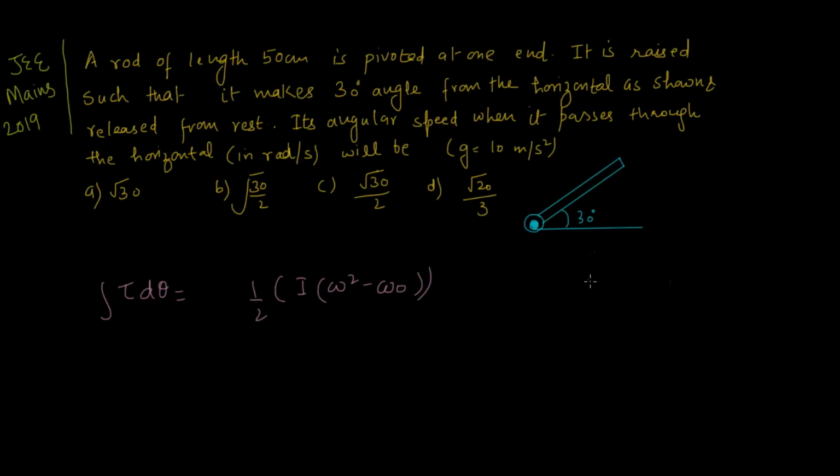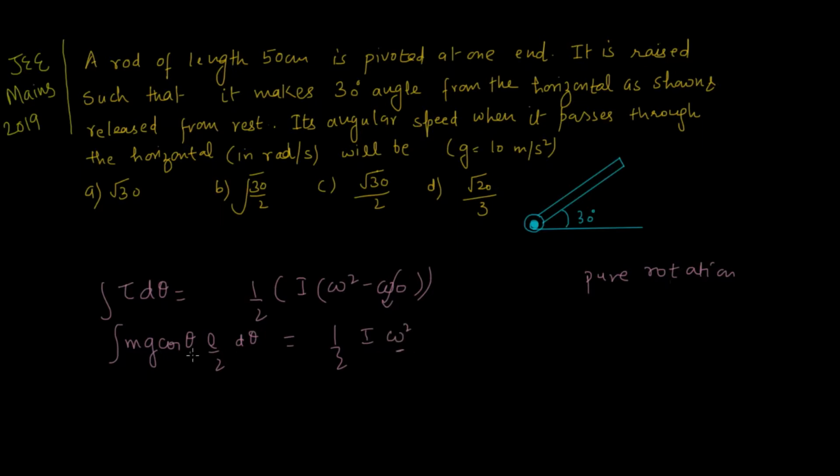It is because it's a pure rotation question, there is no translation involved. That's why we are able to write I omega square. The tau from our previous page was mg L by 2 times the trigonometric factor into d theta. We have to integrate it and find I. We know that omega naught is 0, so we are only left with omega square.